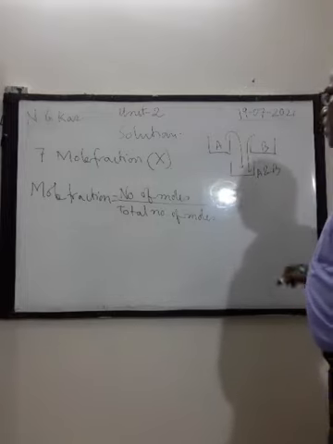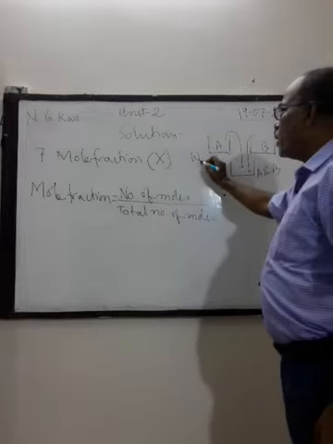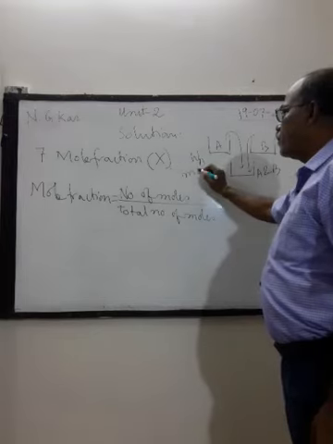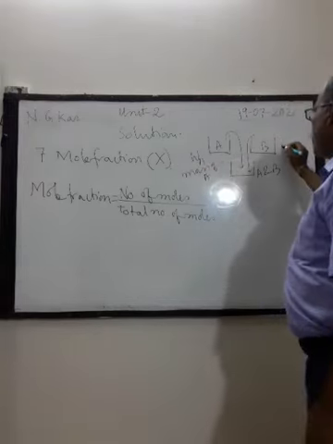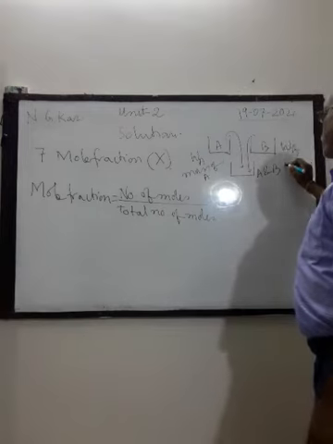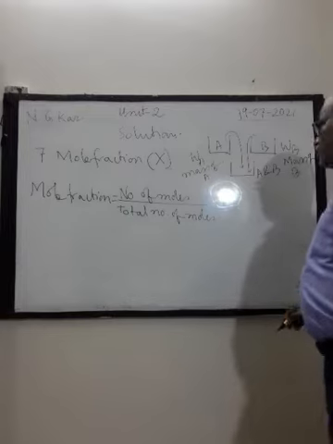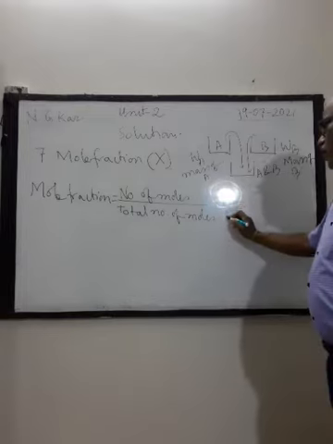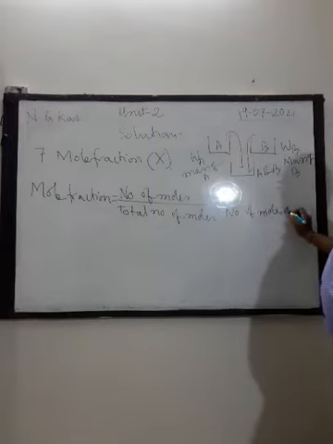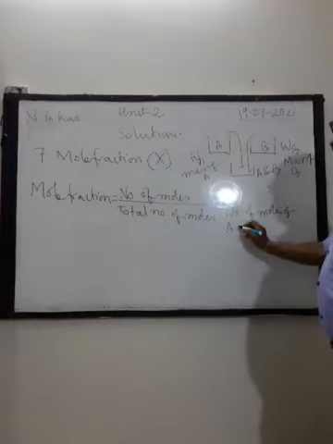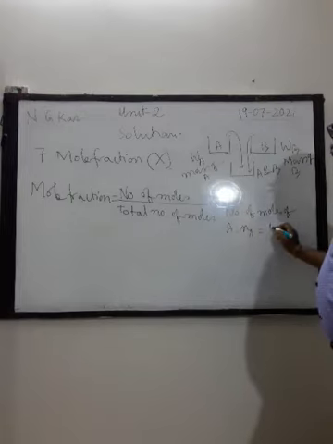Now if WA represents mass of A and WB represents mass of B, then number of moles of A, which is generally represented by Na, equal to mass by molar mass.